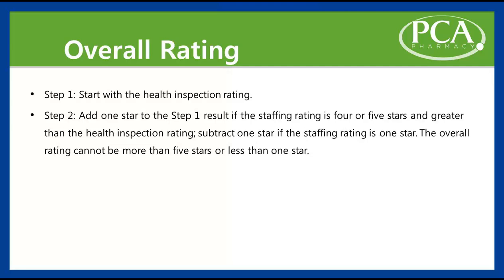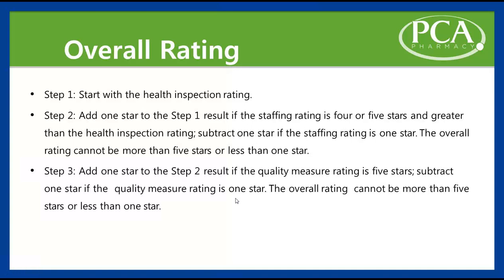So if they have 3 stars on health inspection rating and they have a 4 or a 5 on staffing, then they could get an additional star. You also subtract a star if the staffing rating is 1 star. So that rating from the health inspection can go up a star or down a star, but the overall rating can never be more than 5 or less than 1.